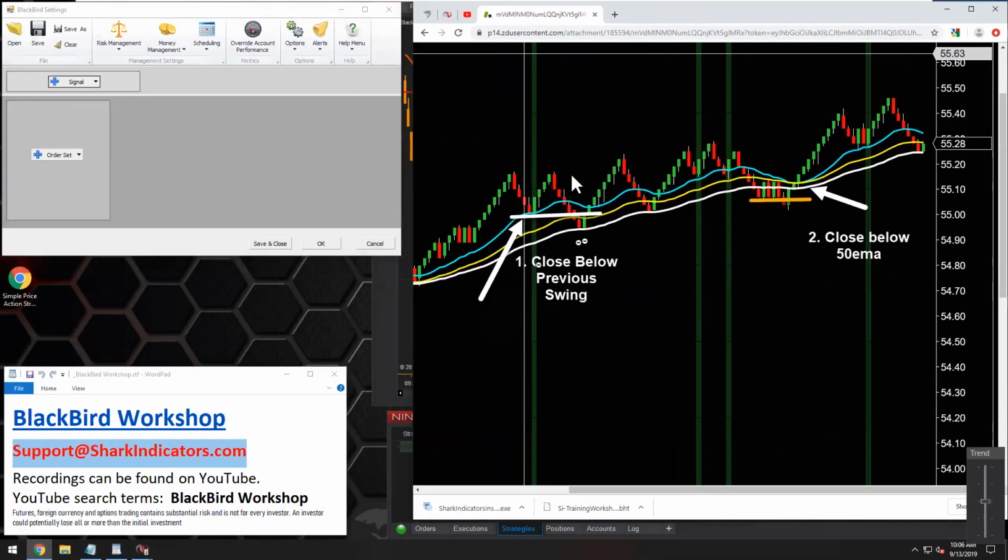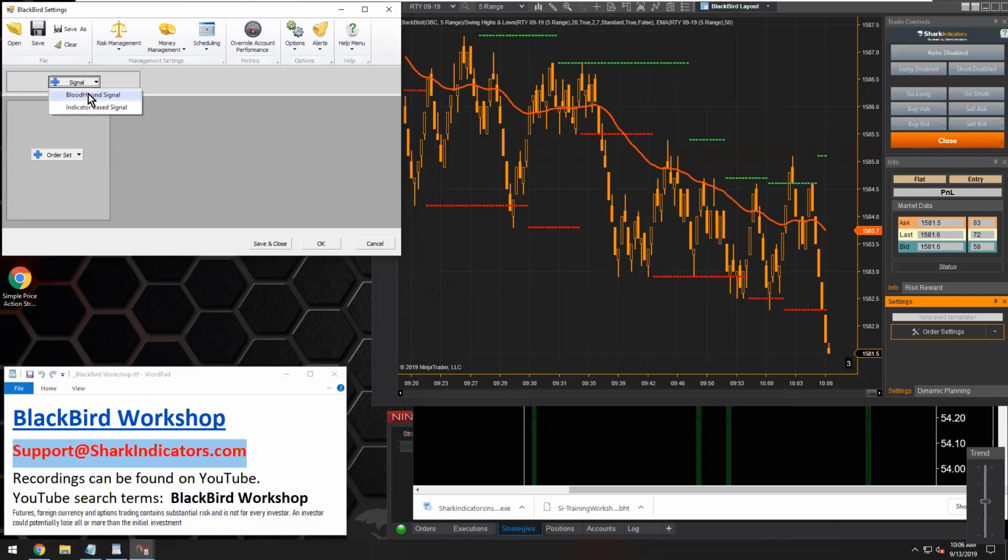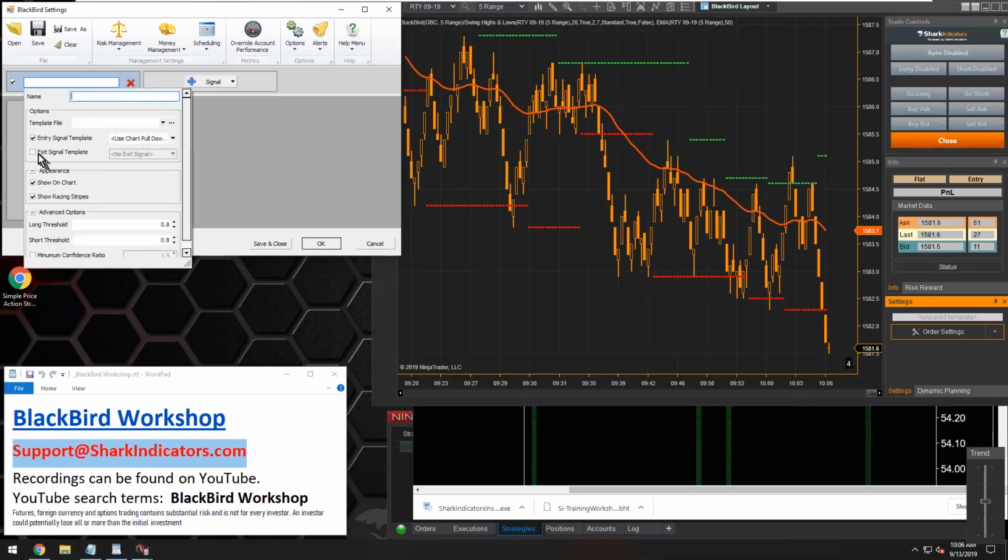If you want to close out a trade based on some kind of price behavior, I would suggest creating an exit signal within BloodHound here. So in other words, if we go to BloodHound, let's load up a signal here. I'd suggest, first of all, using the exit signal template from BloodHound.